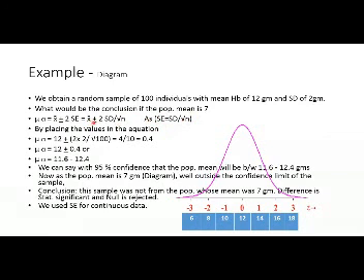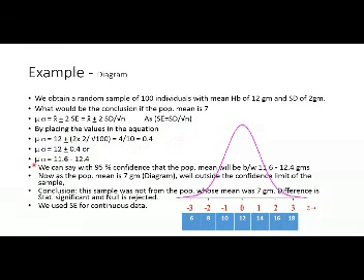Now x bar plus minus 2 standard errors is 2 standard deviation by square root of sample size. By placing the values, the sample size is 100, 12 is the mean, 2 is the standard deviation, data already given. When we place this data in this equation and we calculate, this comes out to be 0.4.